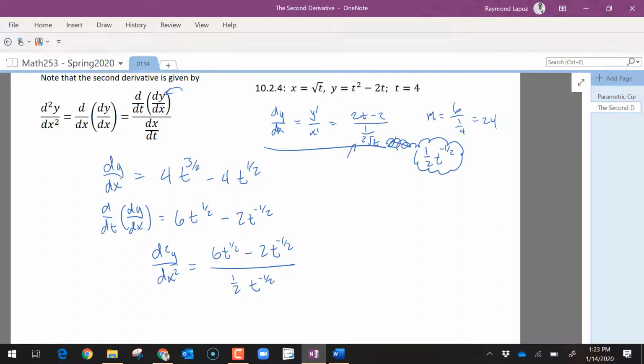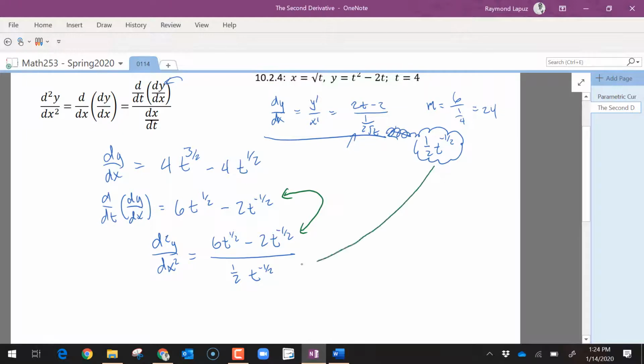Is that right? Something wrong? So this looks like it's d dt of dy dx. That's what this is. And then this came from the x prime, which is dx dt, right?